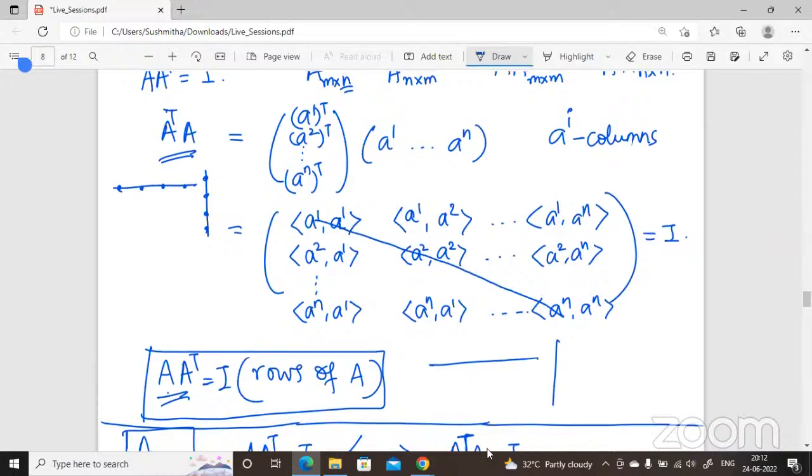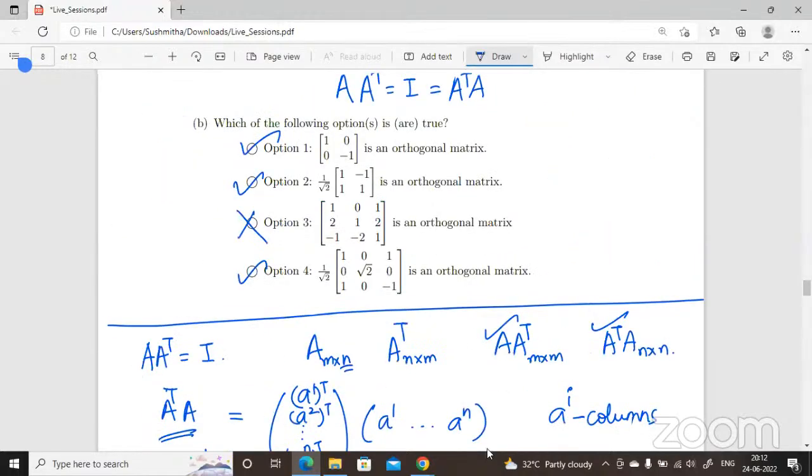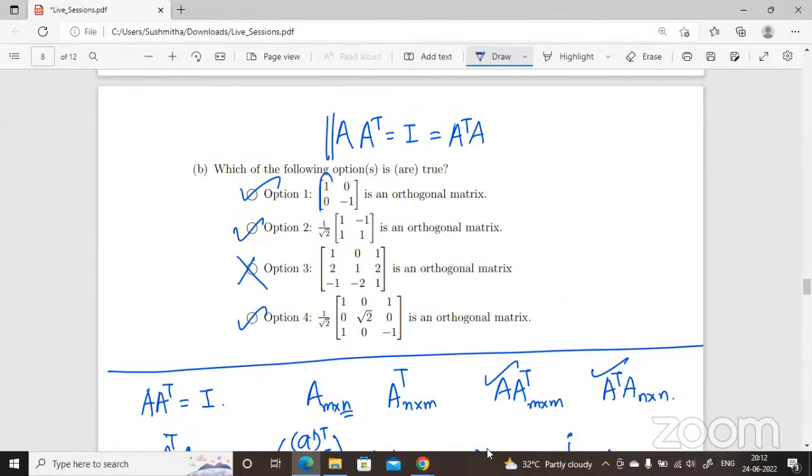That's what we saw here. And if A transpose A is identity, it means that the columns form an orthonormal set. So instead of doing this calculation, you can just take the first column, second column, and check whether they form an orthonormal set. That's all.